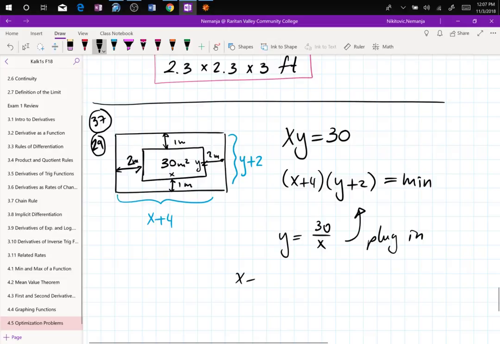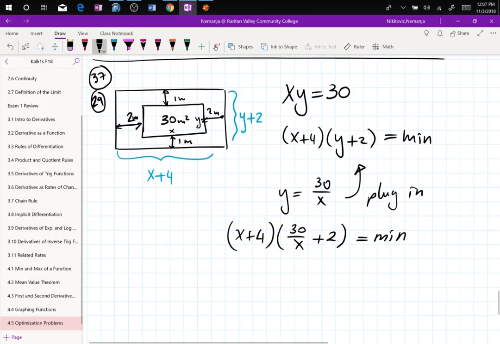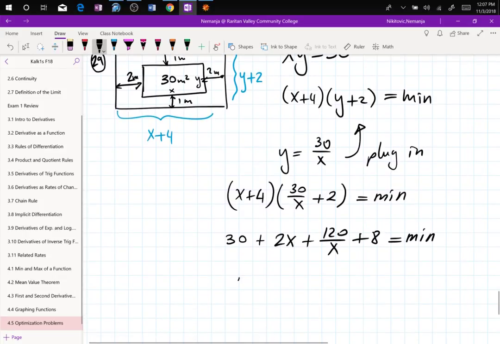So we have x plus 4 times 30 over x plus 2 equals a minimum. Distribute. X times 30 over x is 30 plus 2x plus 120 over x plus 8 equals a minimum. 2x plus 120 over x plus 38 equals a minimum.